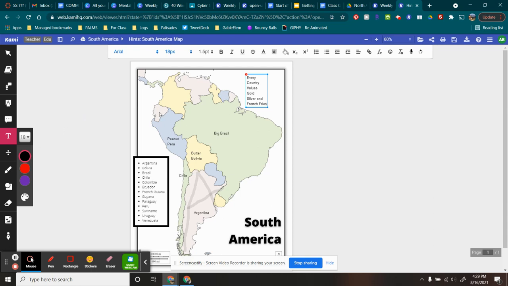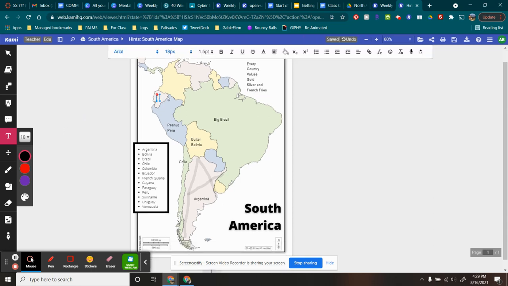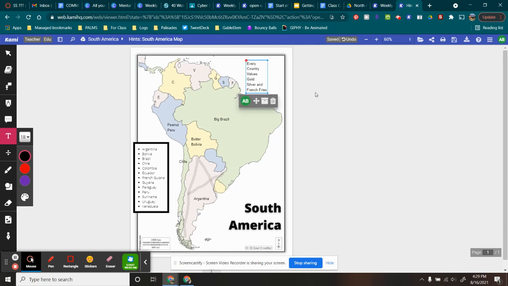So if we go ahead and we label all these countries, every country values gold, silver, and French fries, then we can match those up with the countries down here. Ecuador, Colombia, Venezuela, Guyana, Suriname, and French Guyana.